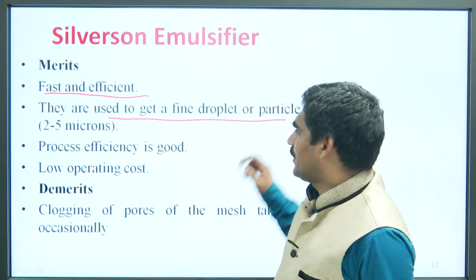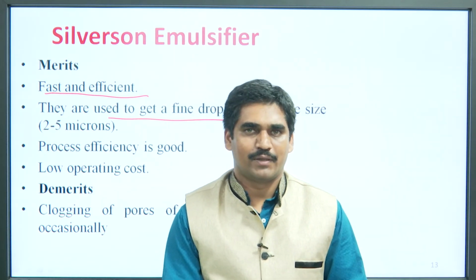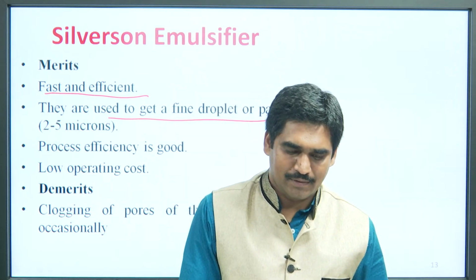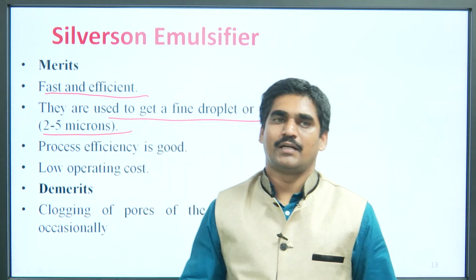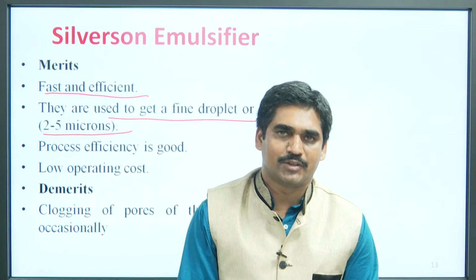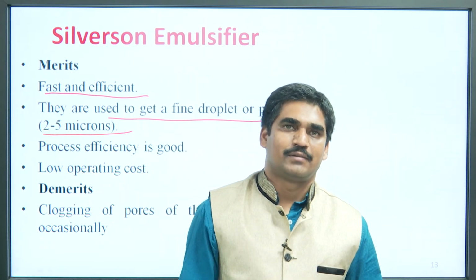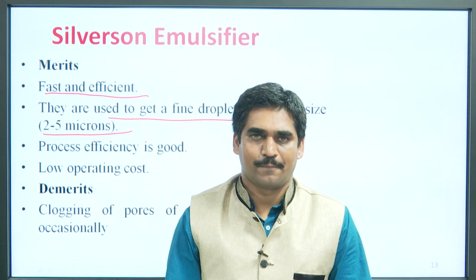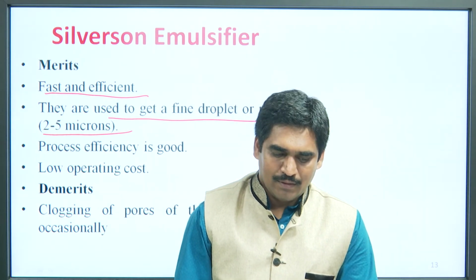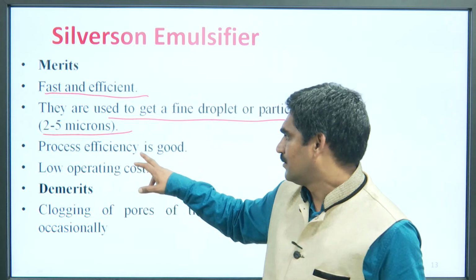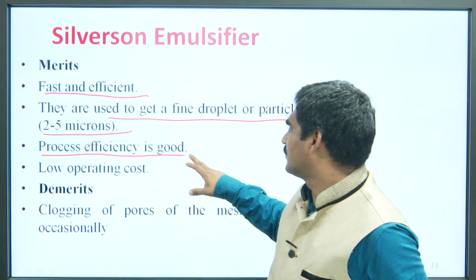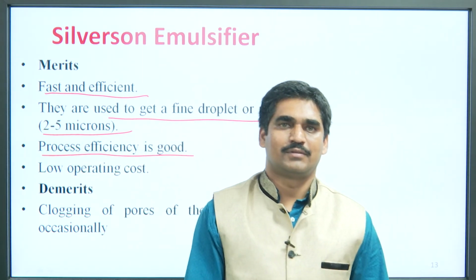It is used to get fine droplet or particle size, that means 2 to 5 micron sized particles can be achieved by using this Silverson emulsifier. Process efficiency is good in case of this emulsifier.